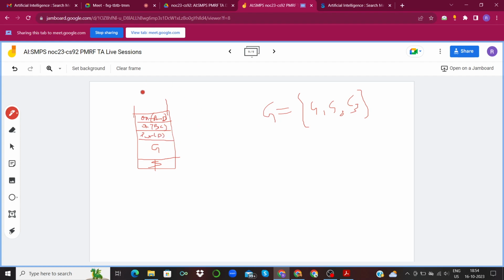Now that you have pushed all these sub goals onto the stack, the next thing that you're going to do is remove the first subgoal and try to solve that in a backward manner, right? So in a backward manner, if you want to solve on A comma T, what is the immediate action that would lead to on A comma T?